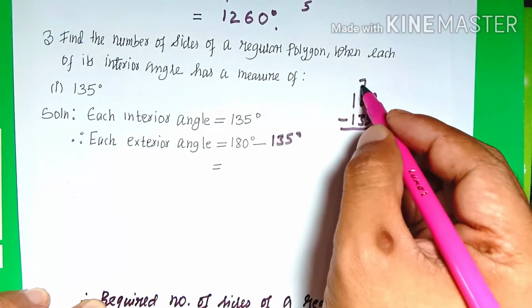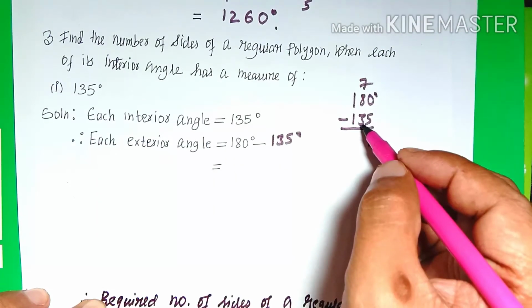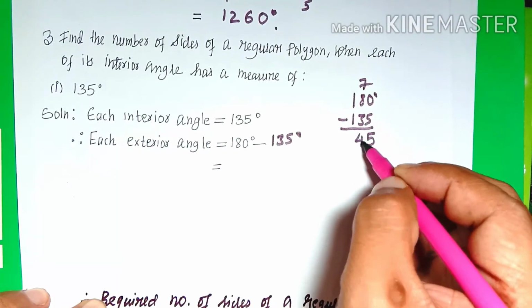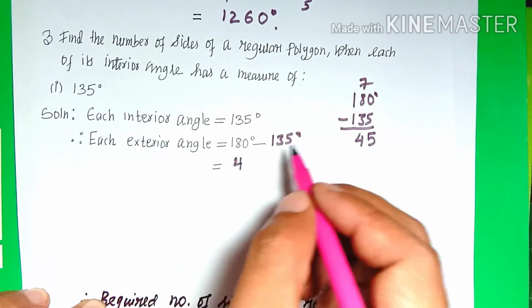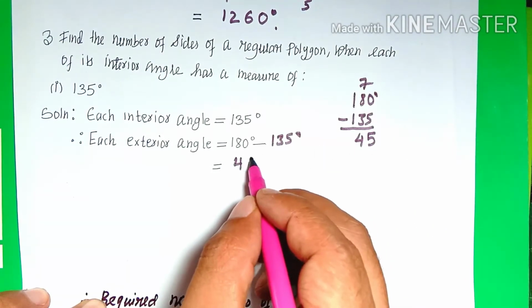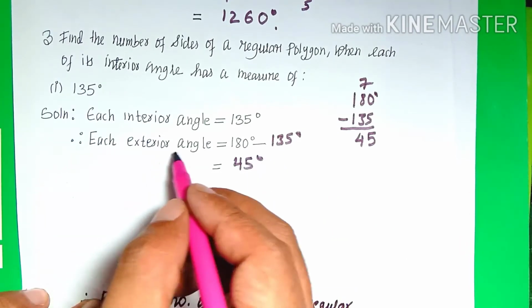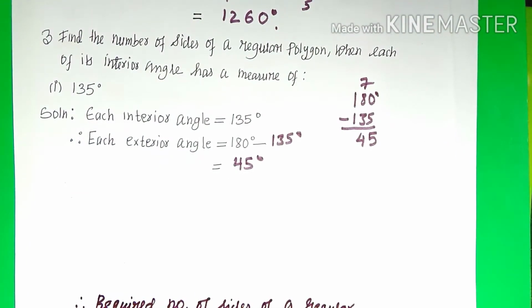10 minus 5 equals 5, 7 minus 3 equals 4, and 1 minus 1 is 0. So we have 45, and each exterior angle equals 45 degrees.